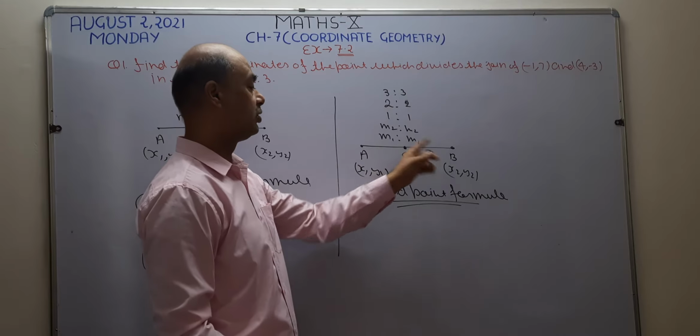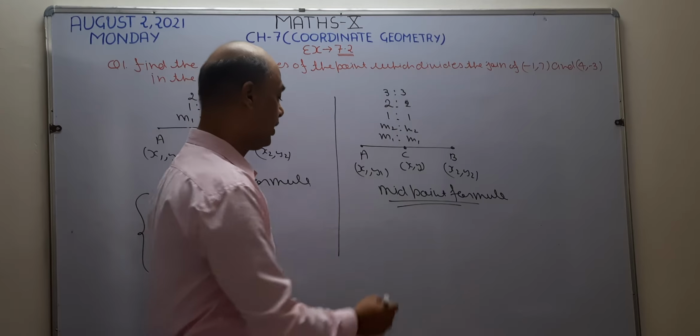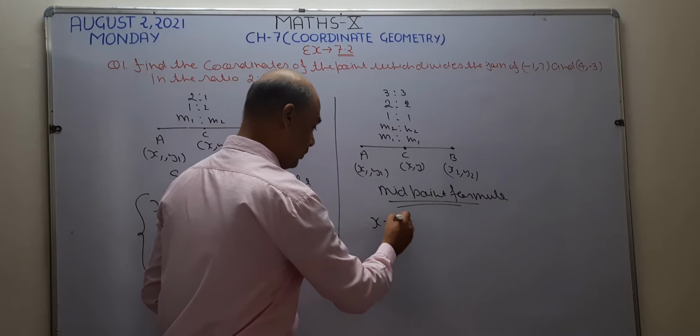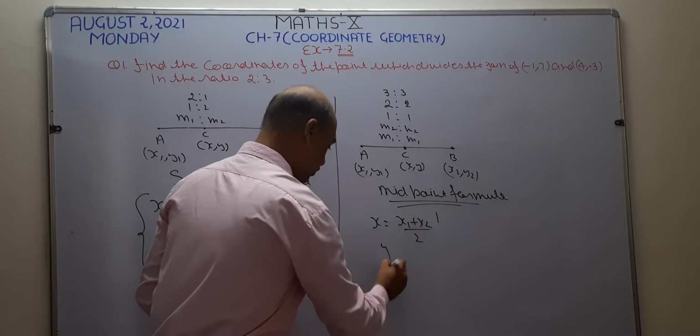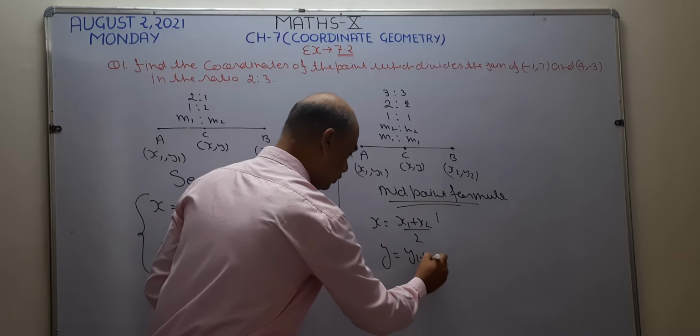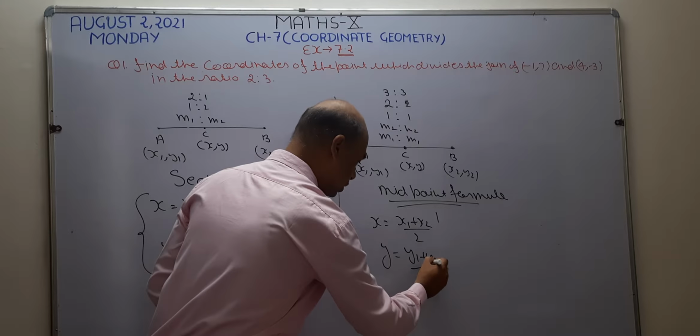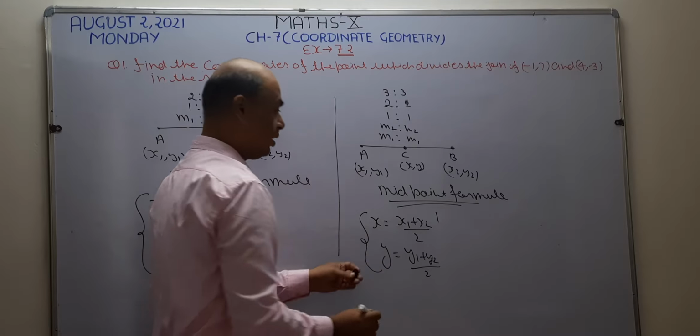Suppose C is the midpoint of this line segment AB. So the coordinates of C become x equal to x1 plus x2 upon 2, and y equal to y1 plus y2 upon 2. This formula is known as the midpoint formula.